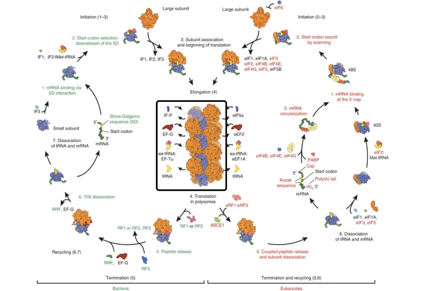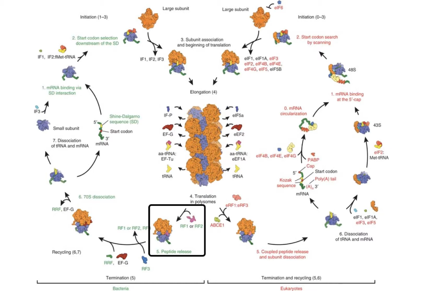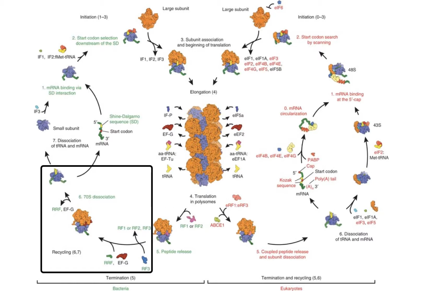And then this middle portion is very similar in that you have elongation factors acting here to add the amino acids one by one being delivered by the tRNAs, repeated over and over until you reach again a stop codon. And then you have release factors that will then pull off the mRNA, the protein, and eventually separate the two subunits.